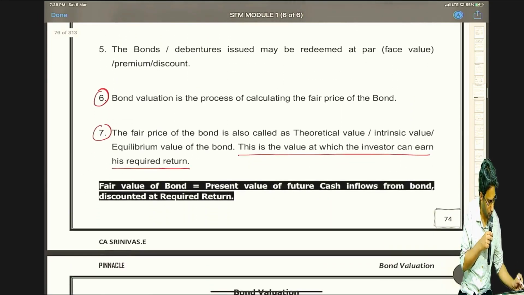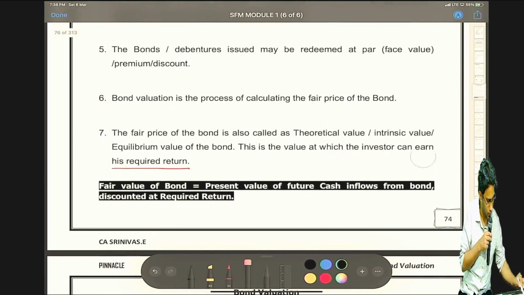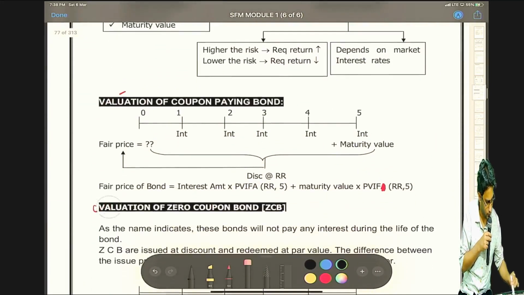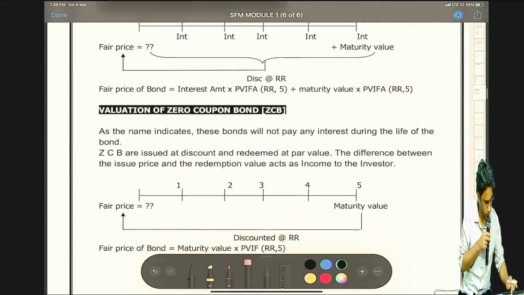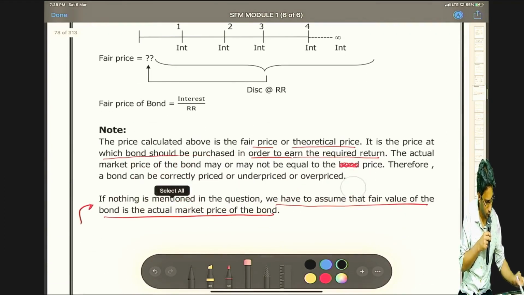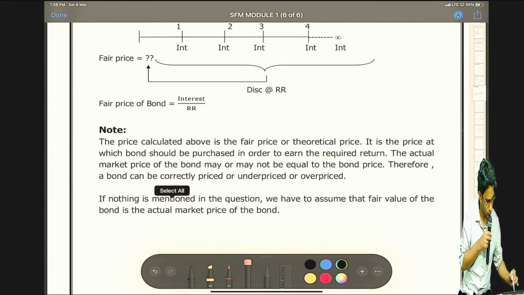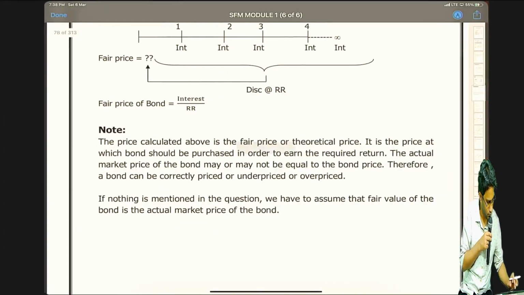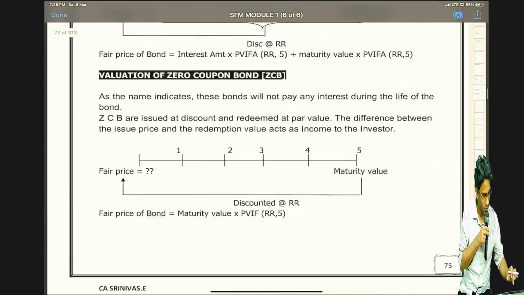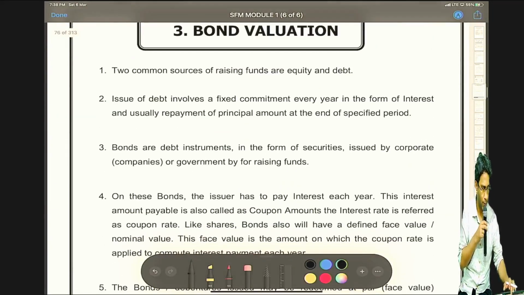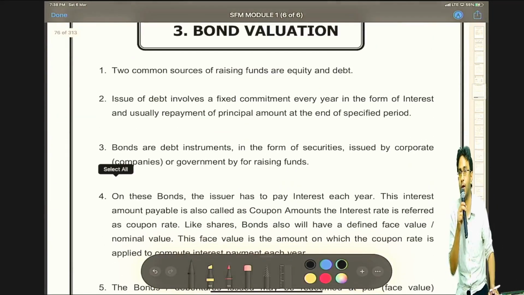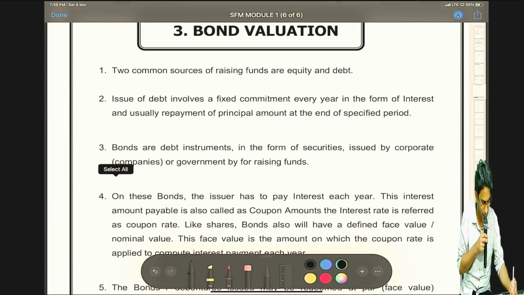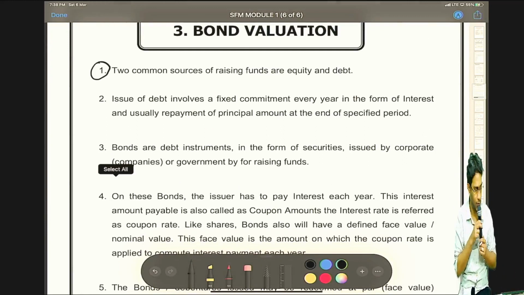Page number 74. Yeah, read, sir, from the beginning, all the points. People have come late. Please focus on all these points, sir. You have missed nothing at all if you understand whatever we are reading now. Please read.